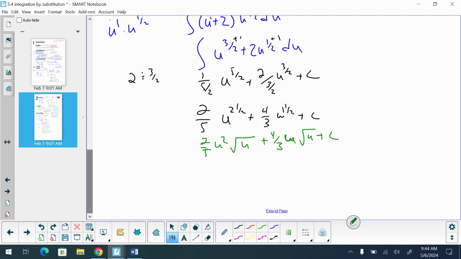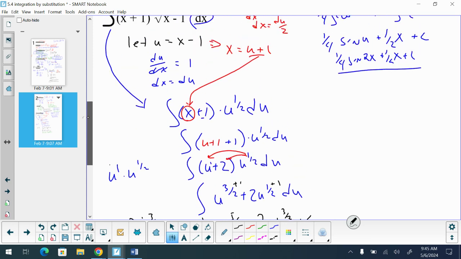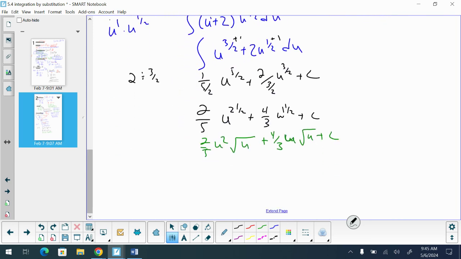So we have u squared, square root of u, plus 4/3 u, square root of u. And we can make our one last substitution back in for u. U was equal to x minus 1.